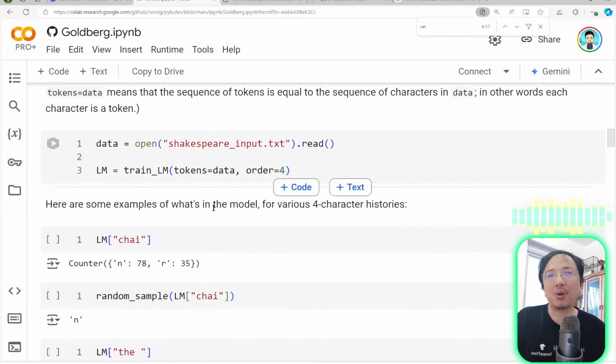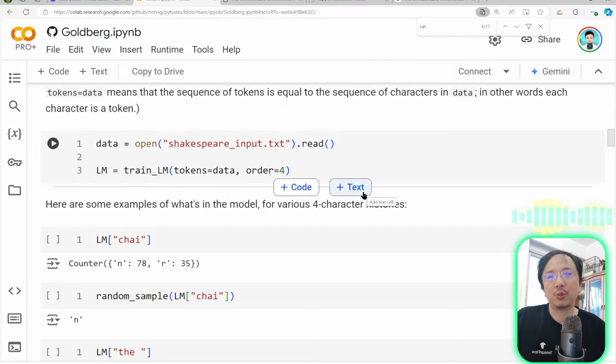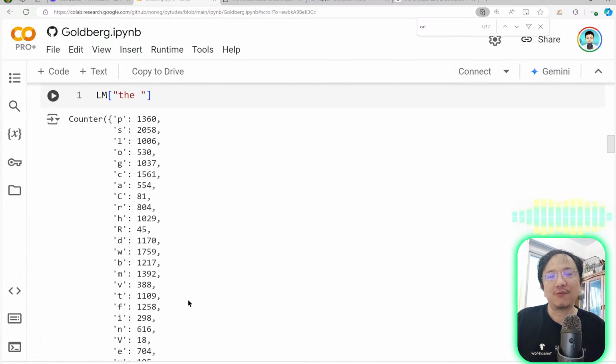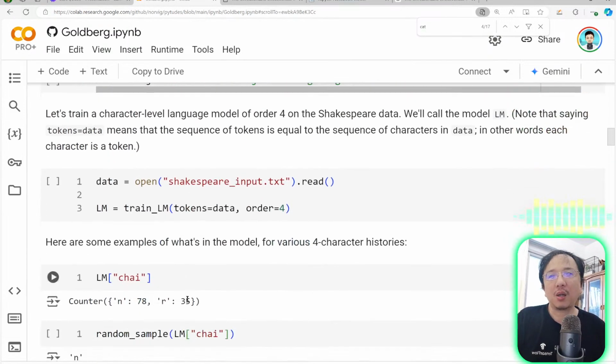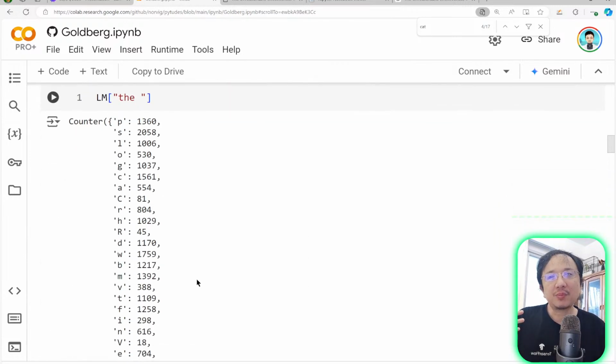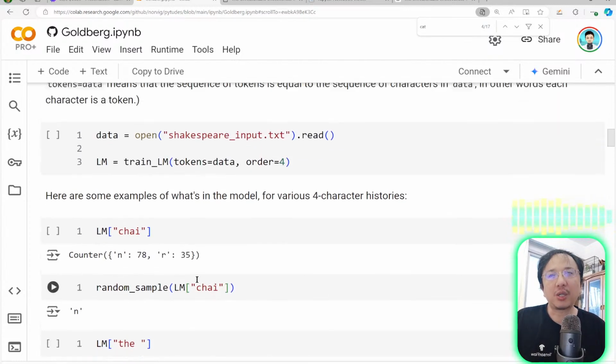Okay, so let's try this simple algorithm. First of all, we try the Shakespeare's input. For the homework, you have to use your own data set and show the generation as the following. You can show most of the things, but what I want you to show is only two things.